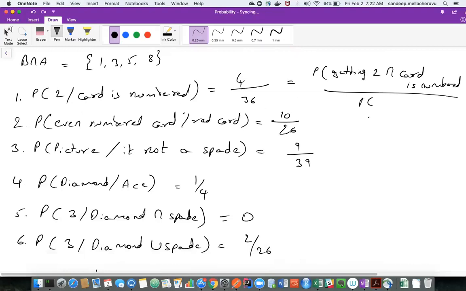That's what I said, right? Probability that the card is numbered. This is the formula. Now I can say probability of getting a 2 and the card is numbered.